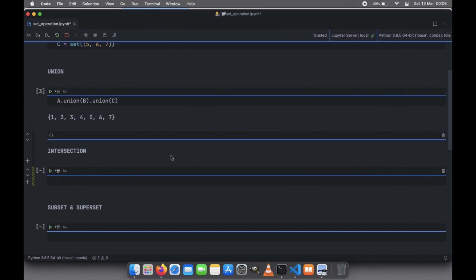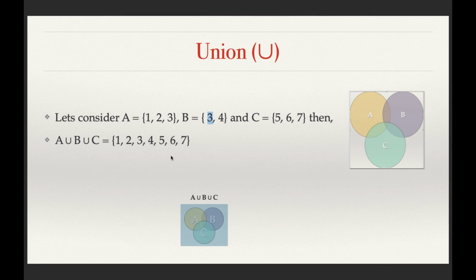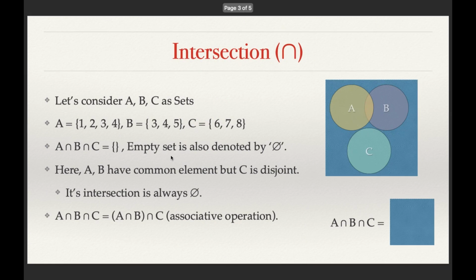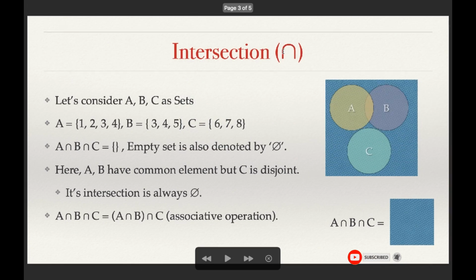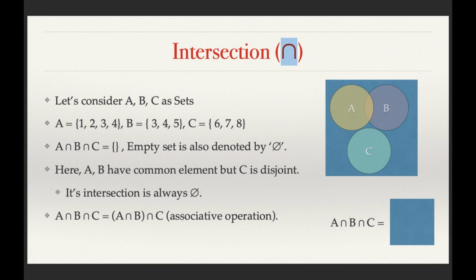Next is intersection. So just open the slide and check. As you are able to see, this is the symbol of union, by the way, and this is the symbol for intersection. Intersection simply means, as I can say in day-to-day life, all the common elements in each of these.